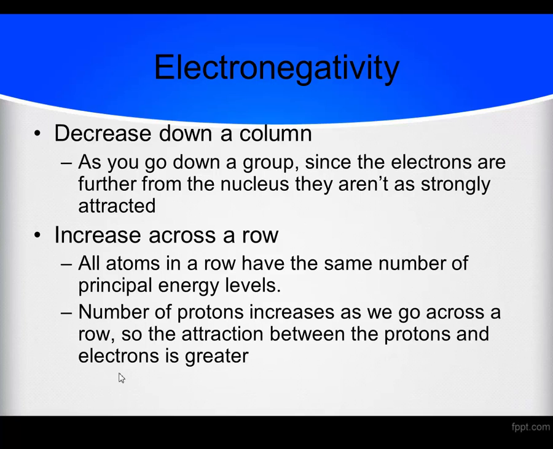As I go across a row, though, atoms are getting smaller. So the electronegativity is going to increase as I go from left to right because the atoms are getting closer to the nucleus, and the effective nuclear force is actually getting bigger as I go across a row.